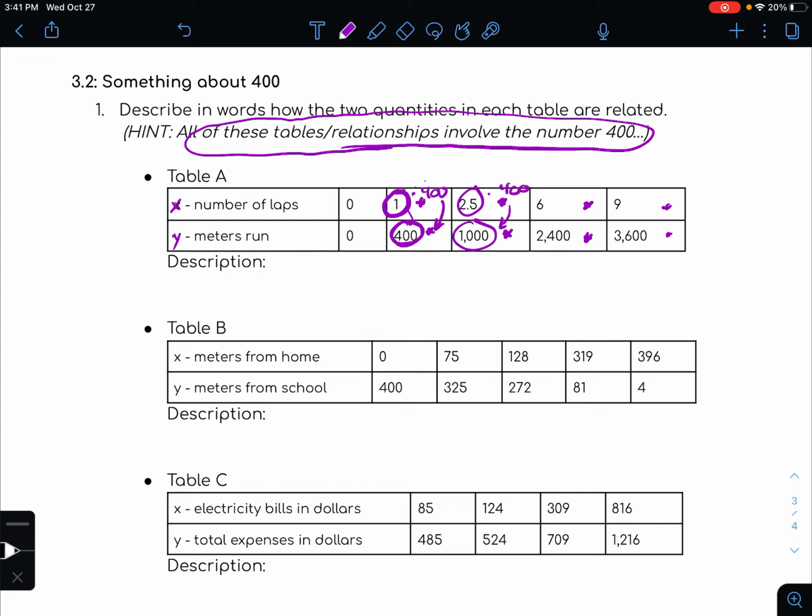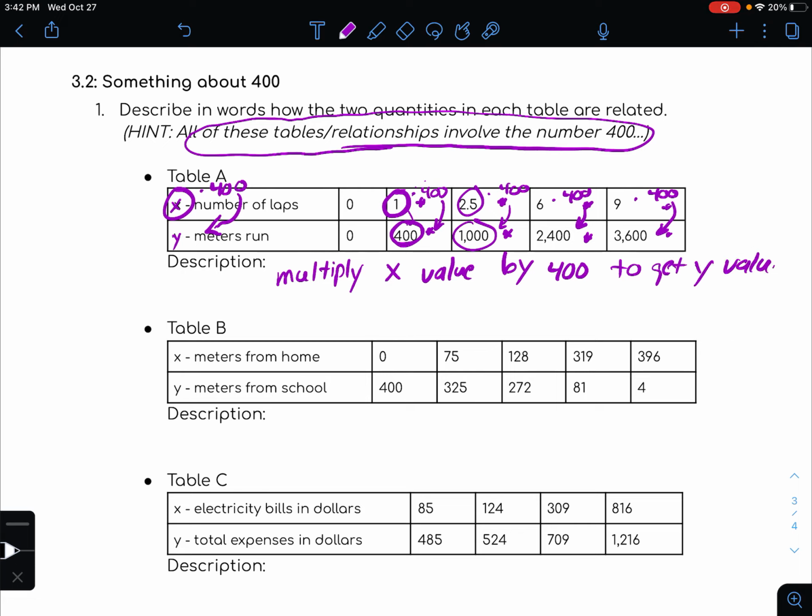You might not know that one as well because it has a decimal, but maybe this one makes sense: 6 times 400 is 2,400. 9 times 400 is 3,600. So you're taking the x value and multiplying it by 400 and you're getting the y value. So to describe that: multiply the x value by 400 to get the y value.